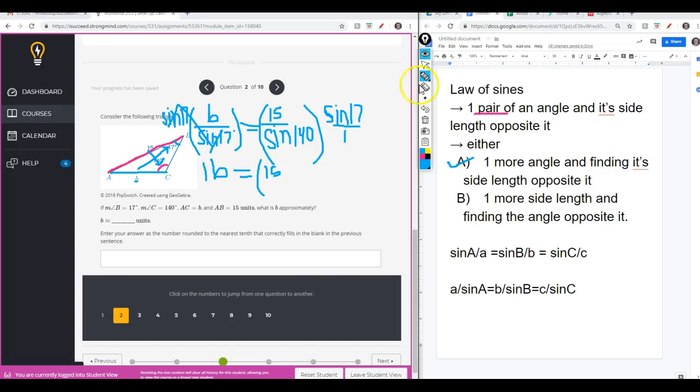So it's 15 times sine of 17 in the numerator, top to top, bottom to bottom. Sine of 140 times 1 is sine of 140.